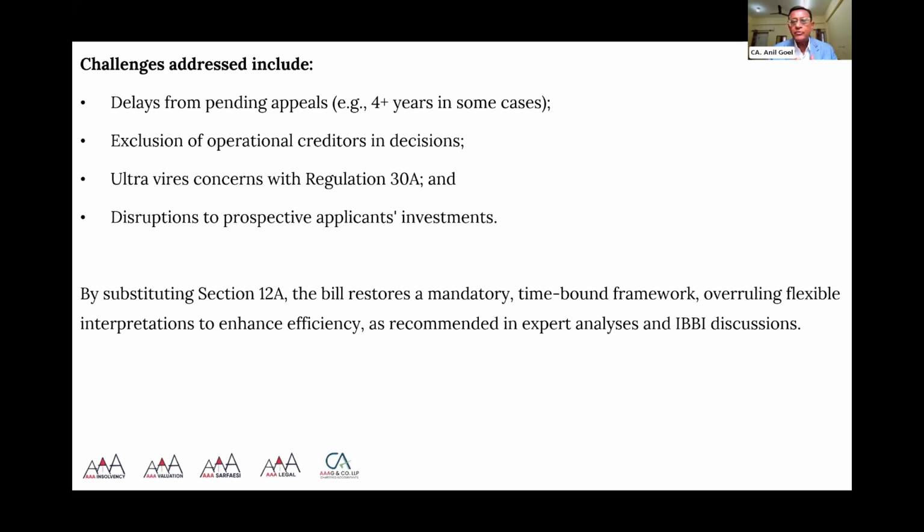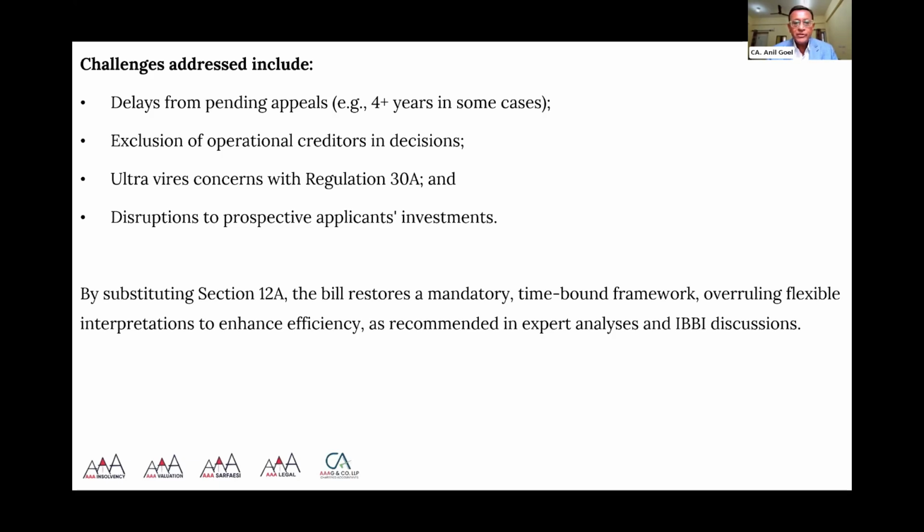One, the delay for pending appeals and exclusion of operational creditors in the decisions. Once the operational creditor starts CIRP and the decision is taken by the COC, the operational creditor is not present in the COC.